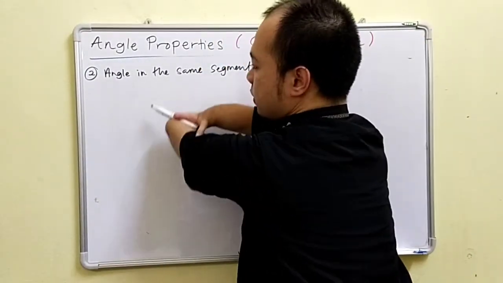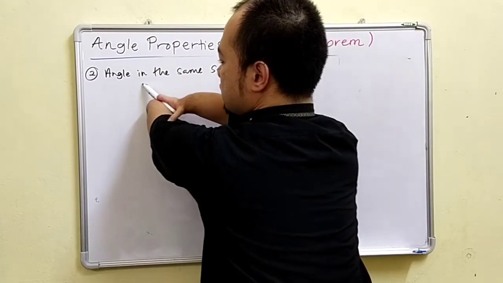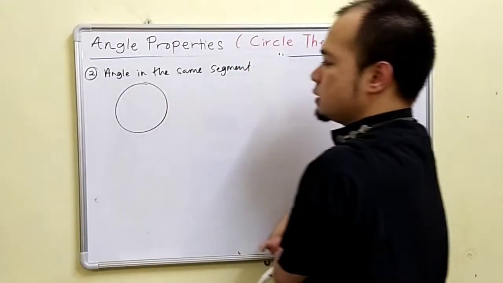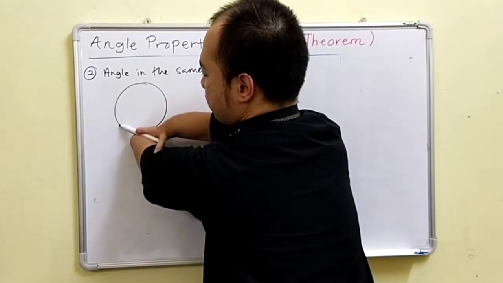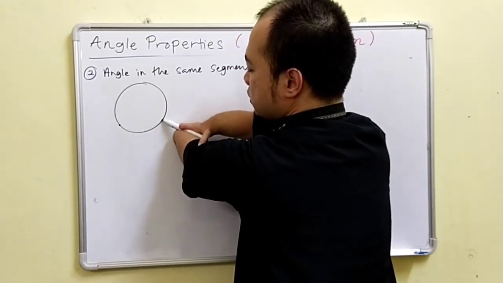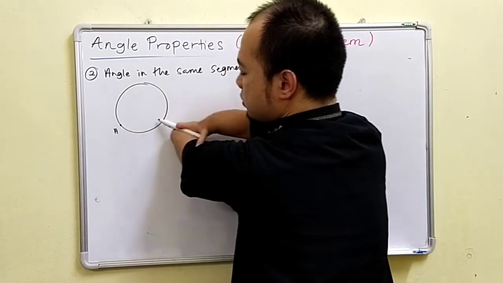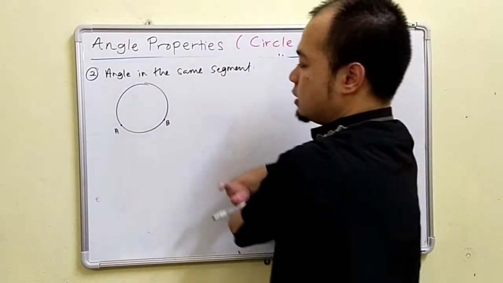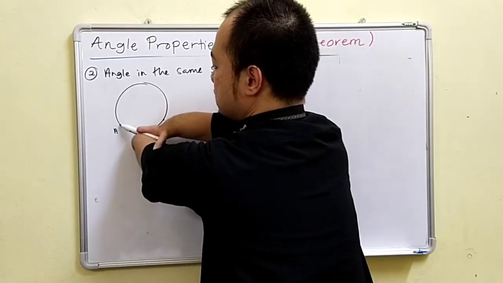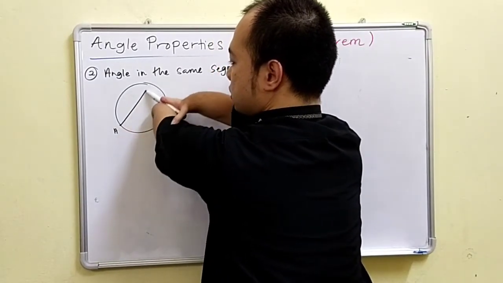It means like this. If you are given one circle, let's say I have concyclic points. Always remember, concyclic points mean points that lie on the circumference. From A and B, let's say it goes up there.